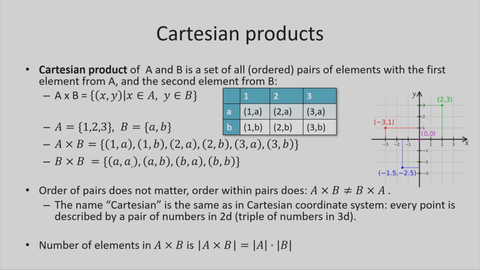So what's a Cartesian product of two sets? It's a set of all ordered pairs of elements, with the first element coming from A and the second element coming from B. For example, if your A has elements 1, 2, and 3, and B has elements A and B, then their Cartesian product will contain pairs 1A, 1B, so all the pairs with the first element of A, 2A and 2B, all pairs with second element of A, 3A and 3B.